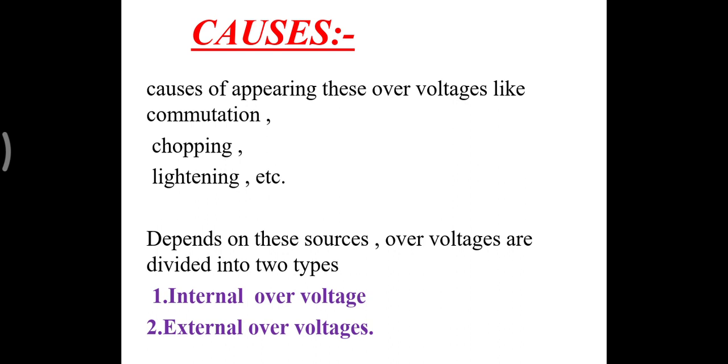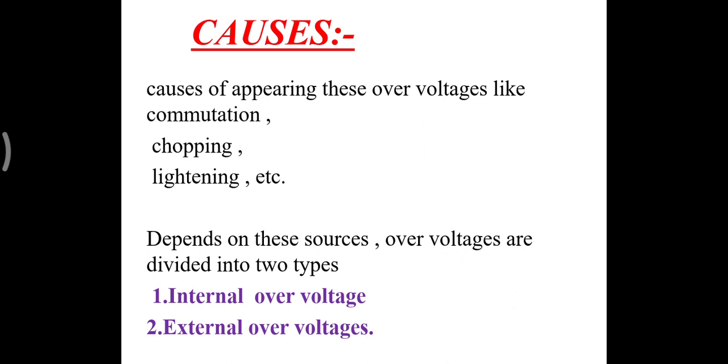Next, what are the causes for these over voltages? When do we get these over voltages? During the commutation process or during lightning, that means when switching on or switching off, at that situation we get the over voltages. And the second one is during the chopping process.